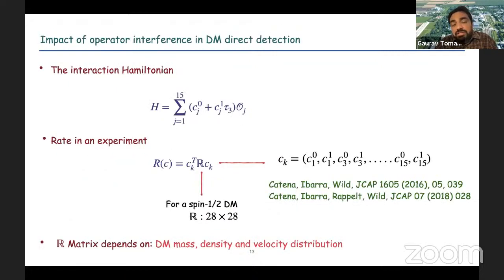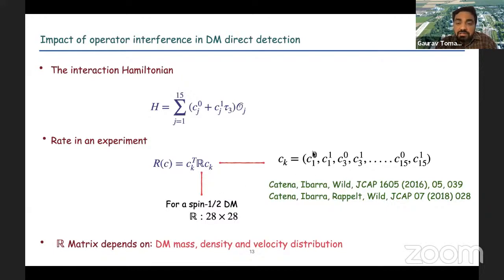Okay, and just to remind you again, please notice here that the Hamiltonian is linear in the coupling. That means the rate is quadratic. And so we can write it in the following form, where R is a matrix and its dimension depends on what kind of interaction you are considering. That means, let's say for a spin half particle, I have shown you 14 operators.